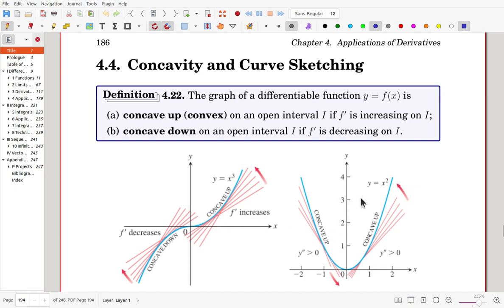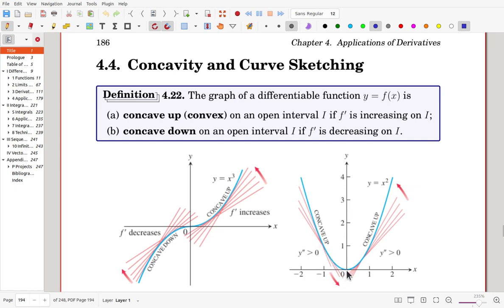The right figure is the graph of y equals x squared. On the left-hand side, the slope is large negative and keeps increasing continuously, and here the slope becomes 0. So on the left-hand side f prime is increasing, so it's concave up.